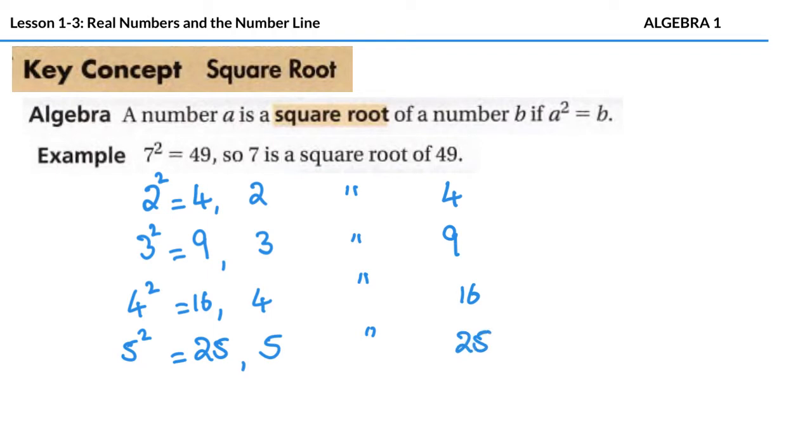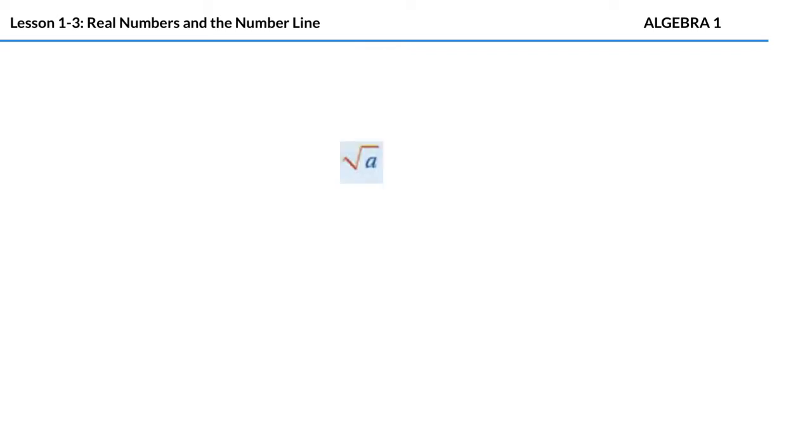So let's look at the formal way of representing the square roots. You can use the definition of the square root to find the exact square roots of some non-negative numbers. You can approximate the square roots of other non-negative numbers. Now the radical sign indicates a non-negative square root, also called a principal square root.